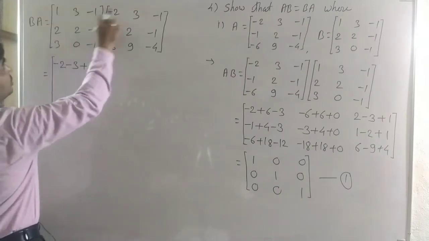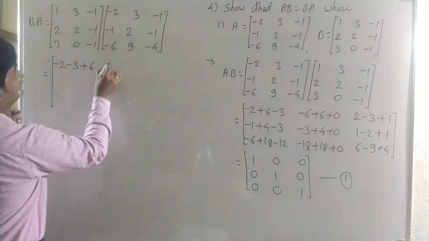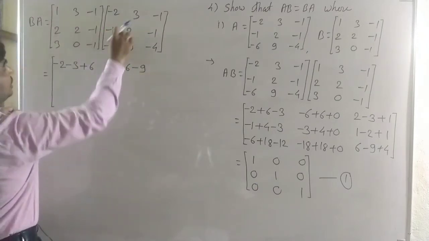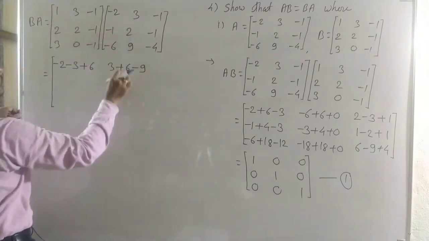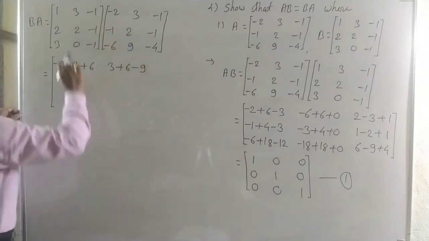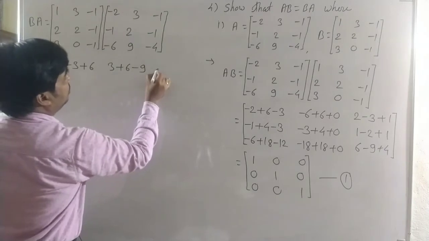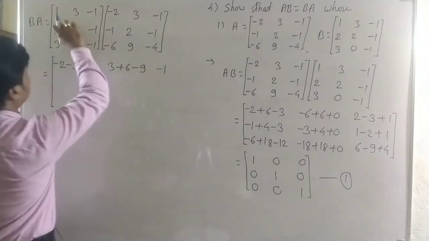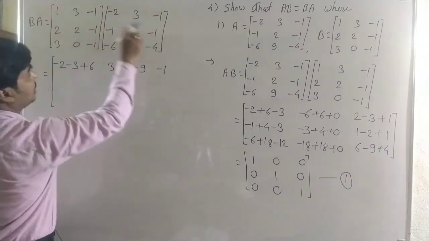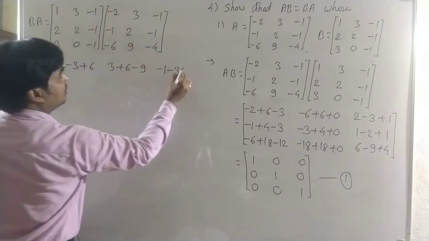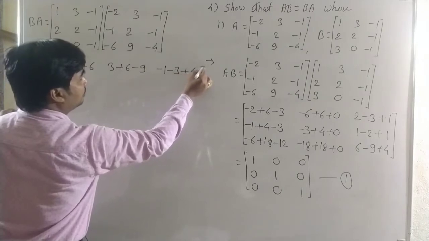Then first row, second column: 1 into 3, 3. 3 into 2, 6, and minus 1 into 9, it is minus 9. Then first row, third column: minus 1 into 1, it is minus 1. Then 3 into minus 1, again minus 3. And minus 1 into minus 4, it is plus 4.